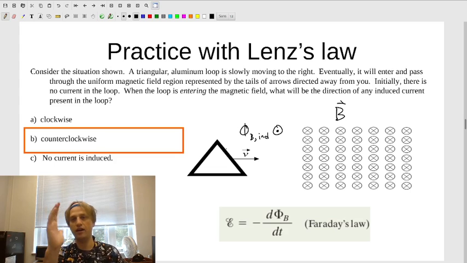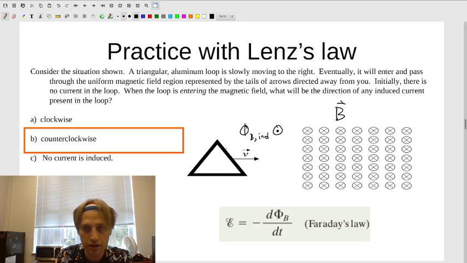Then I can use my right hand rule and my loop to figure out what direction the current is going around here. So the induced field from this loop as it enters is going out of the page, and so to get that, the current has to be going counterclockwise. A little tricky to think about.